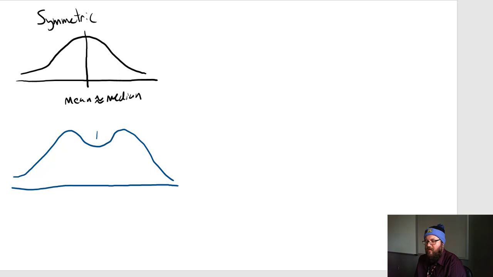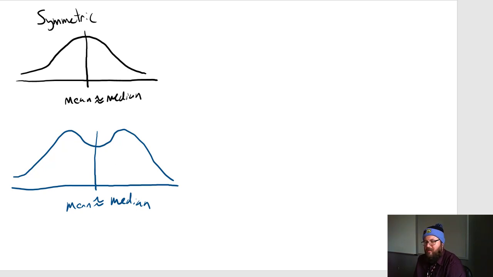So you have a curve like that. Even with having bimodal, the mean should be pretty equivalent to the median as well. Maybe not always spot on number, but very close to one another.